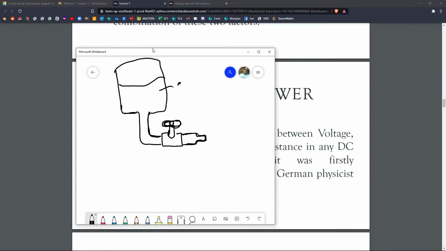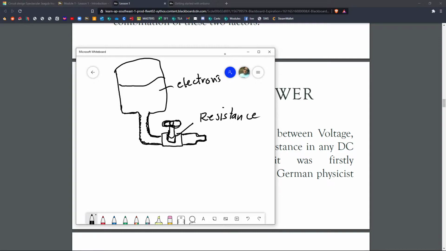Consider water as electricity or electrons. Electricity is basically just a flow of electrons. We can consider this one as resistance. We can consider the valve as the resistance, or even the roughness of the tube. Everything here is a resistance.